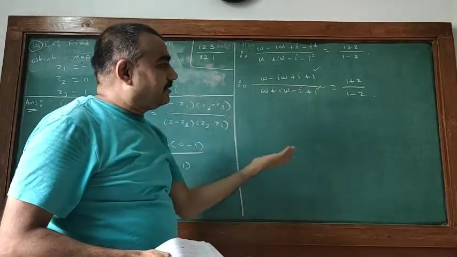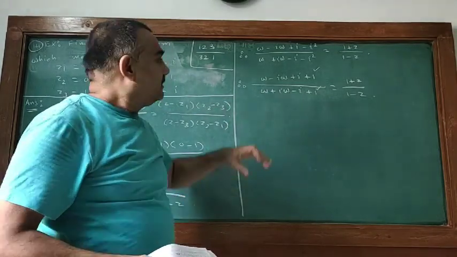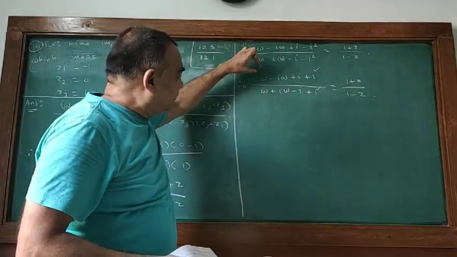Now we use componendo and dividendo, which means we add denominator and numerator in the numerator.